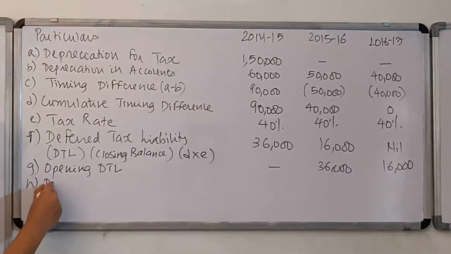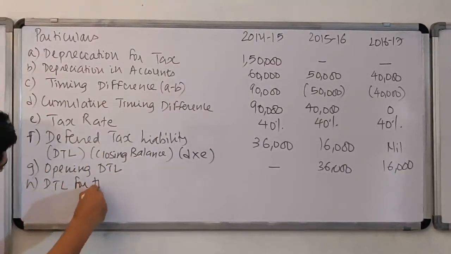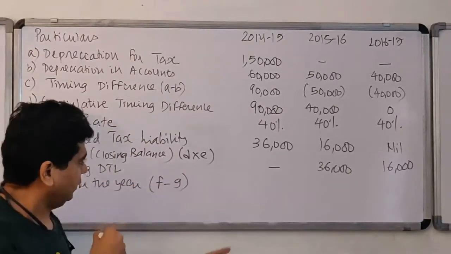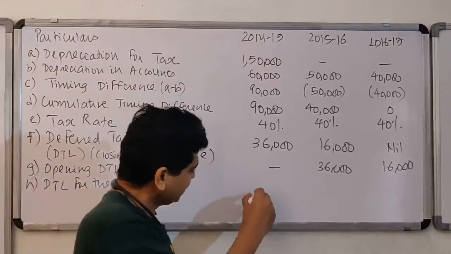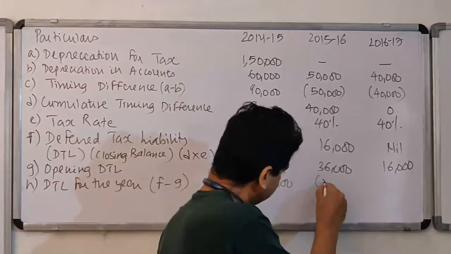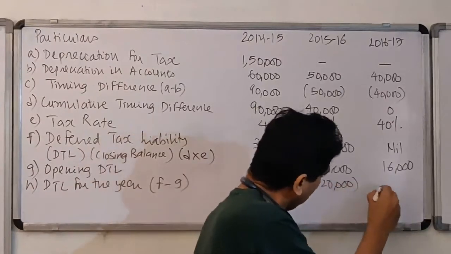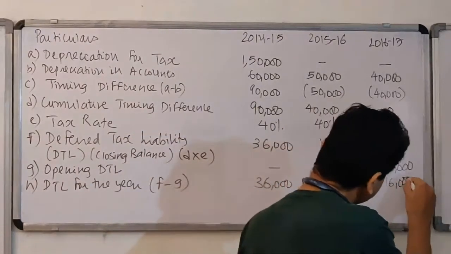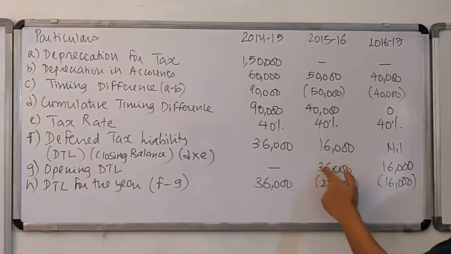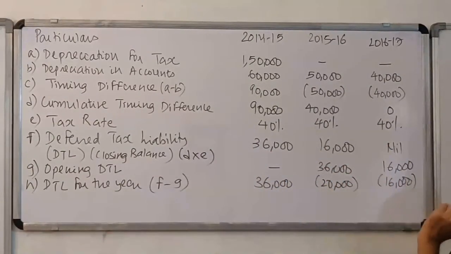So this gives us DTL for the year, F minus G. 36,000 minus 0, it is 36,000. This is negative 20,000. This is negative 16,000. 36 minus 0, 16,000 minus 36, 0 minus 16,000.